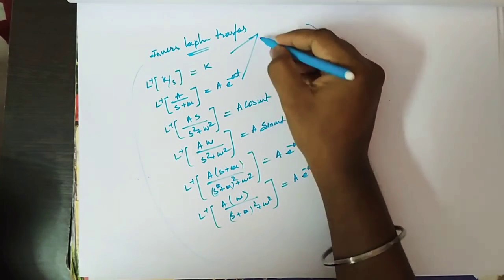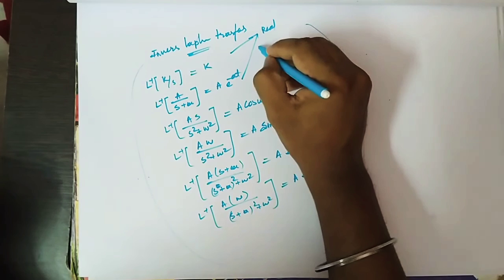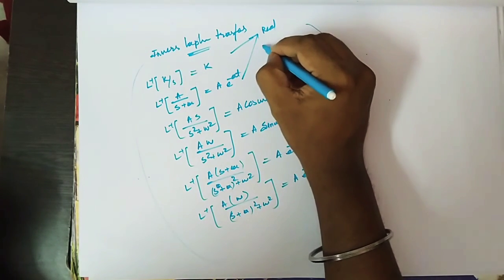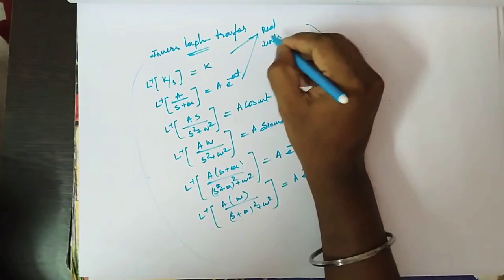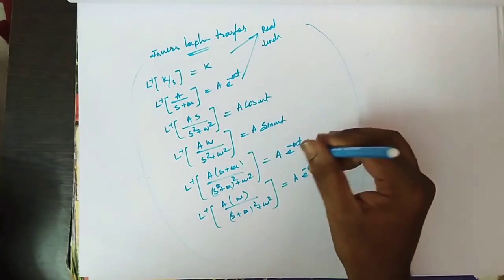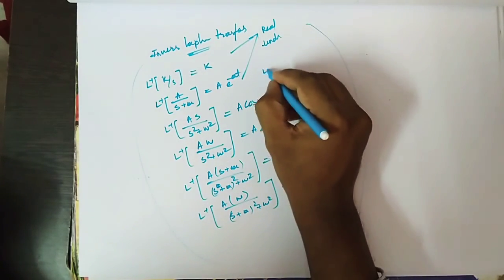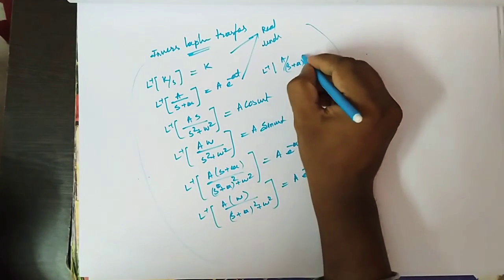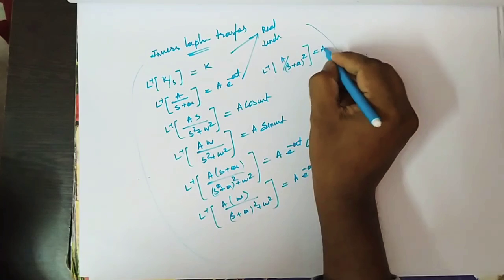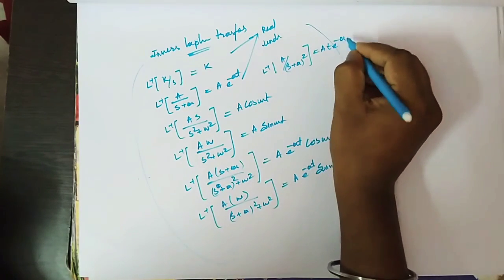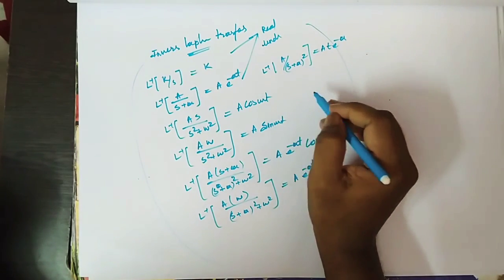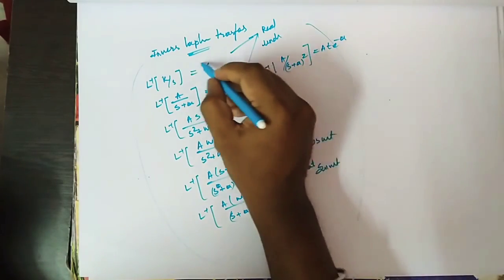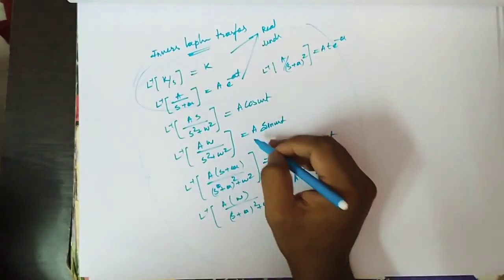For real and unequal roots, you will be using these two formulas. If you are having another formula, a by (s plus a) whole square equals a into t e power minus a t. So if you are having real and equal roots, then you'll be using these three inverse Laplace.